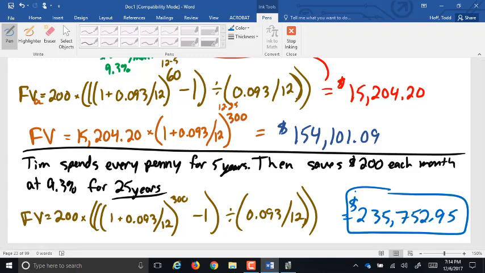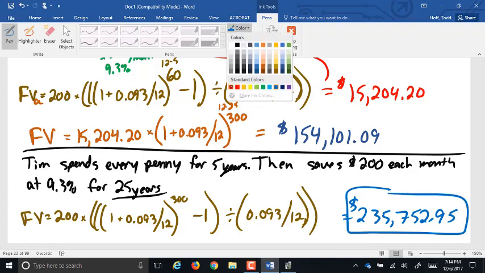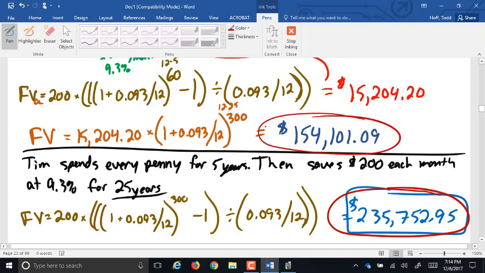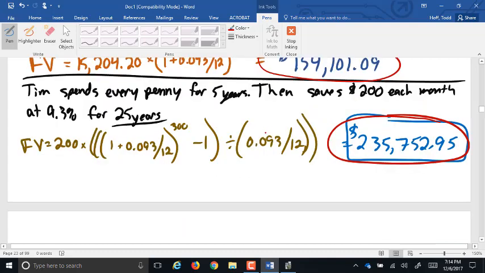Now you look at that. At first glance, you look at that and say, well, they got way more money sitting here by investing for the 25 years than they did for only doing the 5 years. But think about what is their total investment?